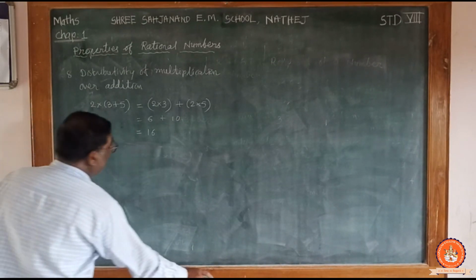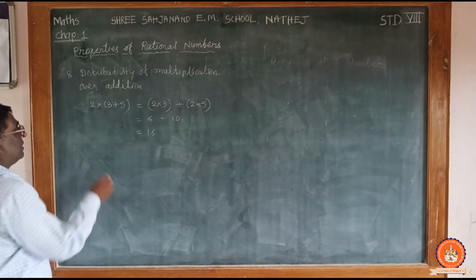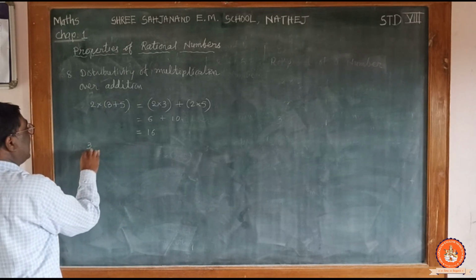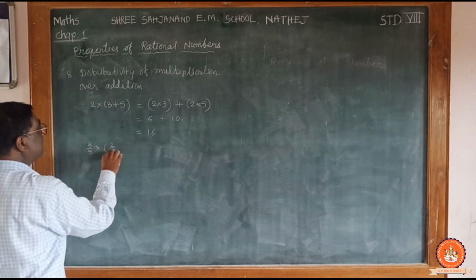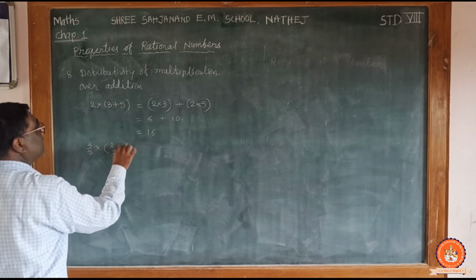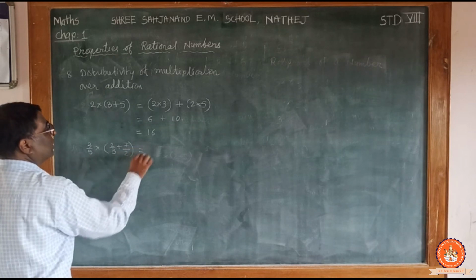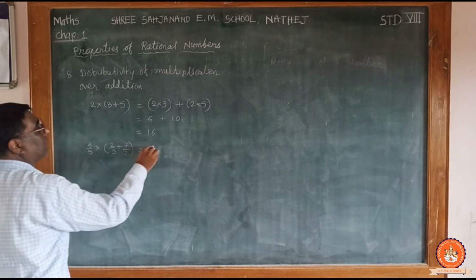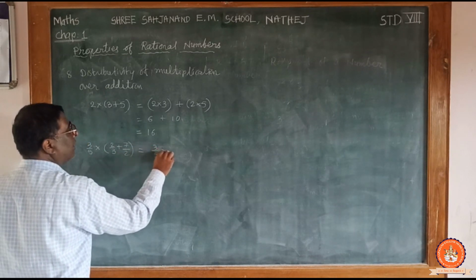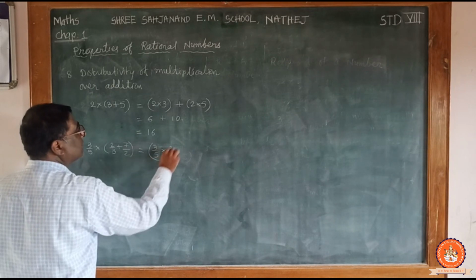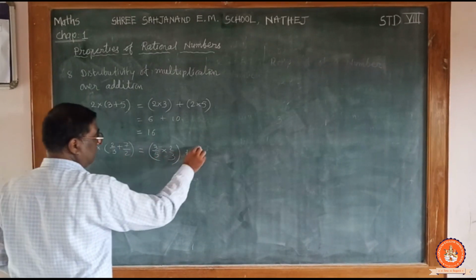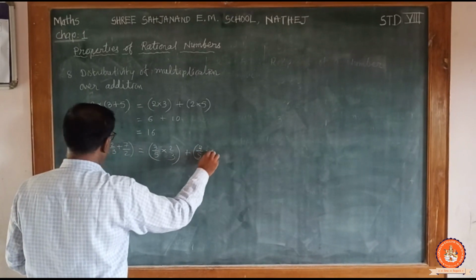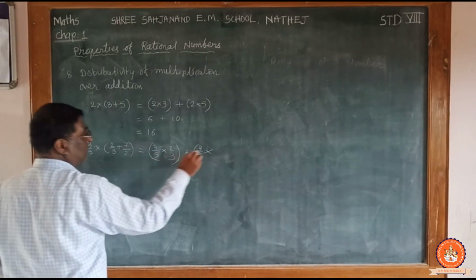So we can think of other numbers also. 3 by 5 into 2 by 3 plus 7 upon 2. So look at it, 3 by 5 into 2 upon 3 plus 3 by 5 into 7 upon 2.